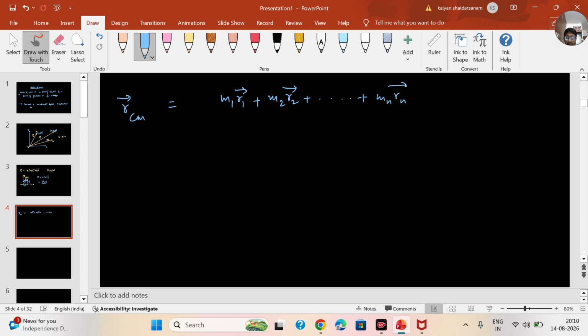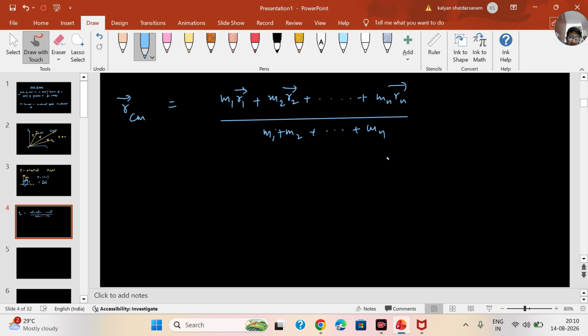Each mass you multiply by its position, and you add all those. Then you divide by the total mass, which is m1 plus m2 plus so on up to mn. This is how you calculate the coordinates of this special point called center of mass.